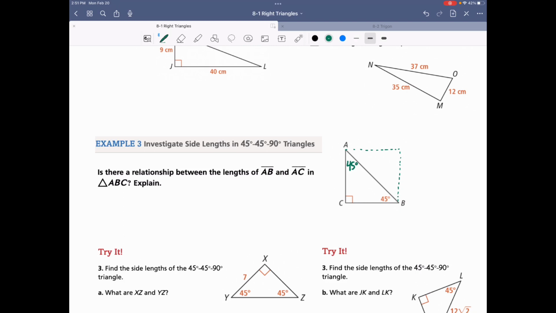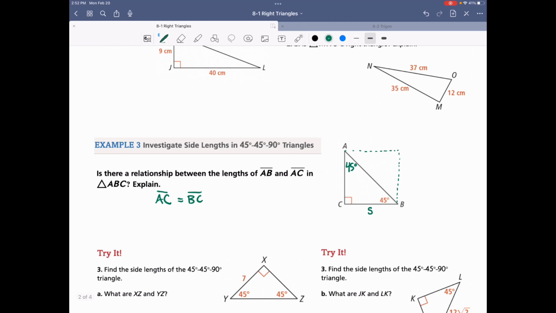Well, the sides of a square are equal, so that means that AC and CB are equal. But they're asking, how is AB related to AC? We can say that this is the side of a square and this is a side of the square.